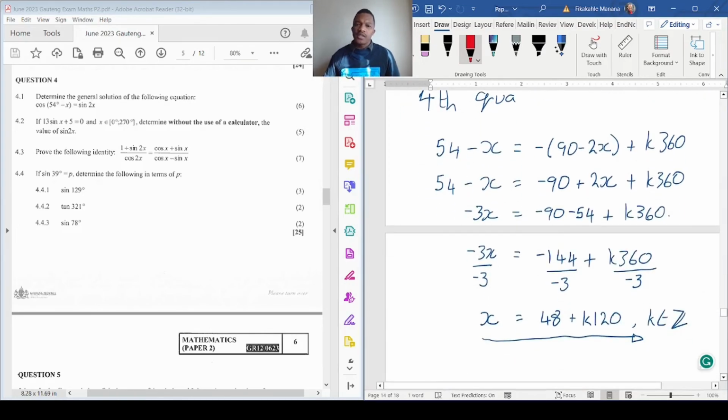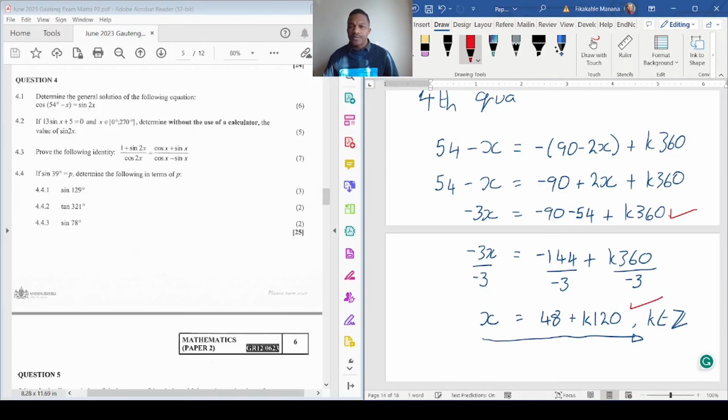Fourth mark is this expansion working with the fourth quadrant. Fifth mark is that, dividing everything by 3. No, actually the 6 marks is just the answer.